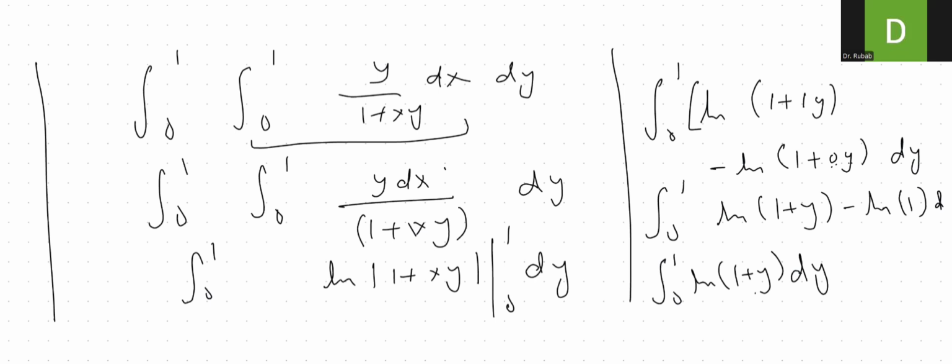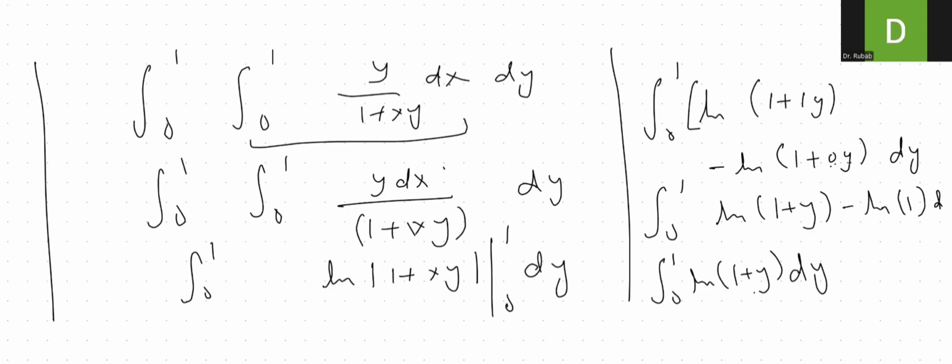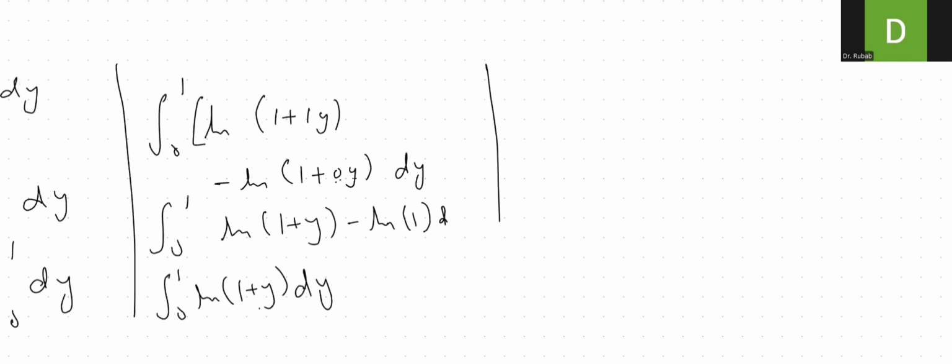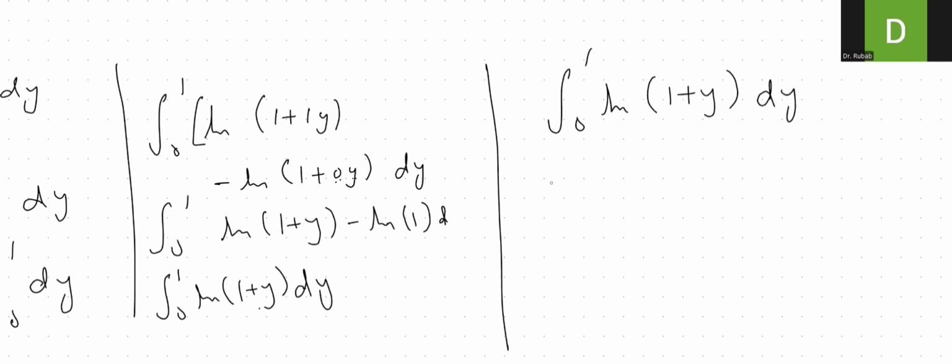Okay. So we will move forward. Now we are left with a calculus 1 problem: integrating the natural log function. As you know, whenever we have a natural log function in calculus 1, we do integration by parts, right?